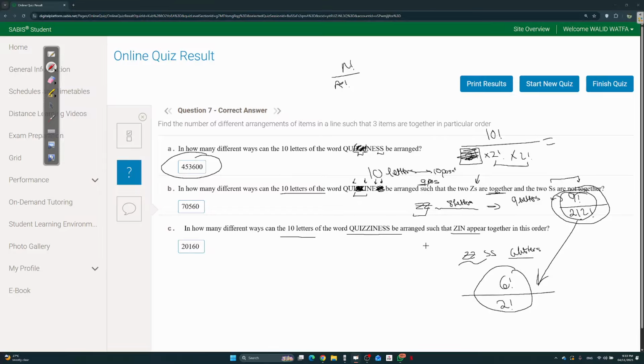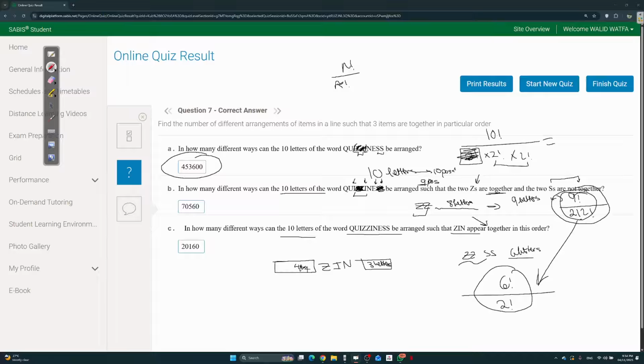In how many ways can the 10 letters of the word quizziness be arranged such that ZIN appear together in this order? Again, this is so easy. Basically, same thing. When you're having something appearing together, you think of it like this. You have ZIN, then after ZIN you have 3 letters, and before it you have 4.